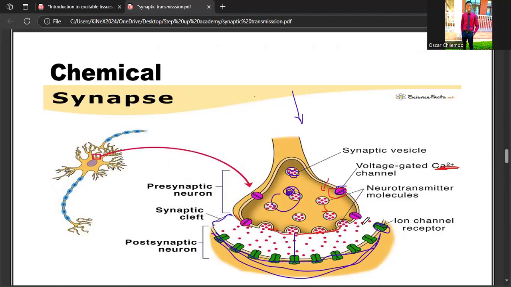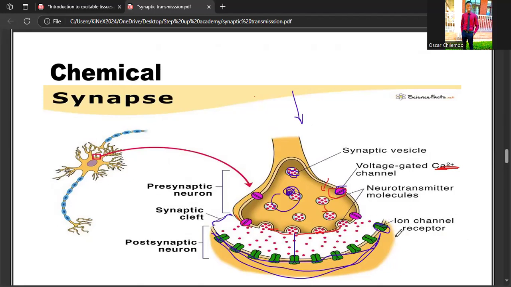As you can see, these smaller particles are actually neurotransmitter molecules. Now, the most important part is that the neurotransmitter determines what happens next. We have the excitatory ones and the inhibitory ones. Excitatory ones like acetylcholine will bind to these ion receptors. Which neurotransmitter binds to the ion channel receptor will determine what happens next, whether to inhibit the effect or to excite it. Once acetylcholine reaches here, it binds to these ion channels.